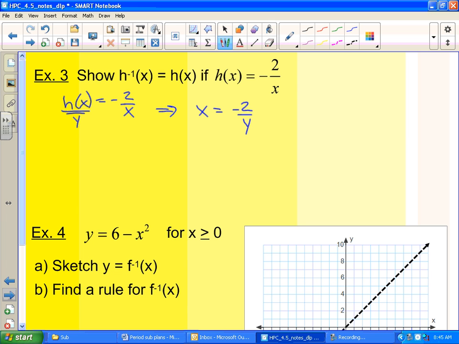And then we solve for y again. So we switch and solve. Solving for y, multiply both sides by y, and I would get yx is equal to negative 2. And now we divide both sides by x. And we finally come up with our inverse is equal to negative 2 over x.